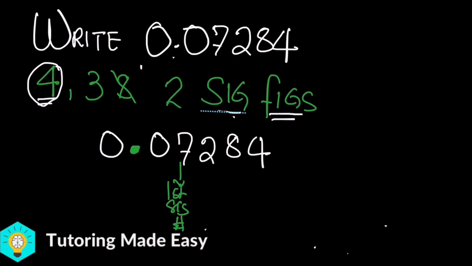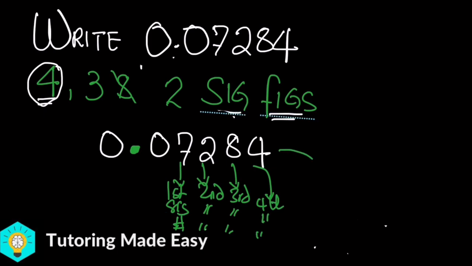Now, we've been asked to change it to 4 significant figures. So this is the first one, this is our second, this is our third, and then this is the fourth. But the number right after this is 0. There's no number there. And because it's not greater than 5, we are not going to do anything to it.